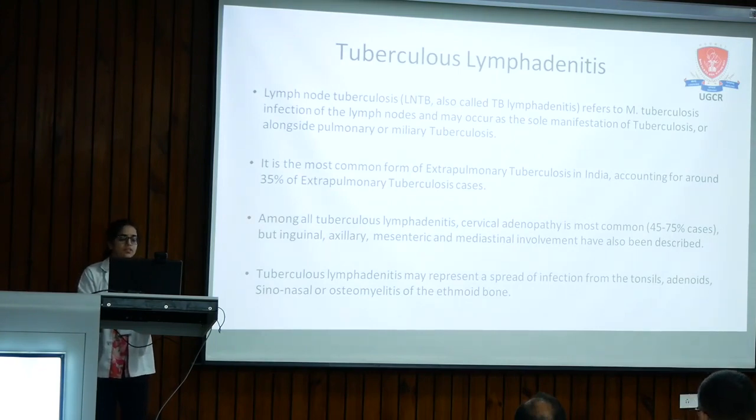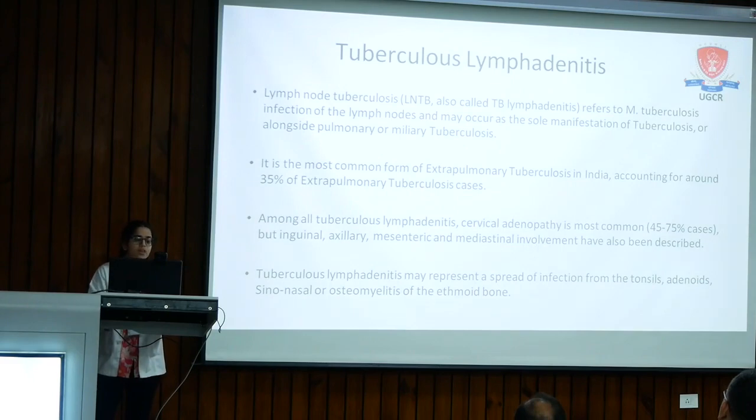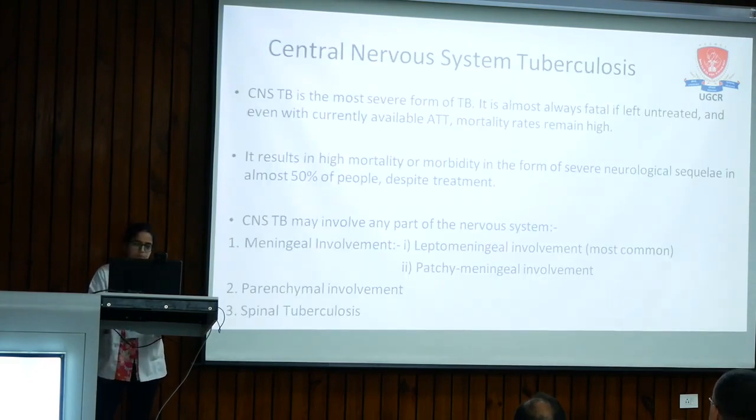Among all tuberculous lymphadenitis, cervical adenopathy is most common, constituting 45 to 75% of cases, but inguinal, axillary, mesenteric, and mediastinal involvement have also been described. Tuberculous lymphadenitis may present as a spread of infection from tonsils, adenoids, sinonasal, or osteomyelitis of the ethmoid.